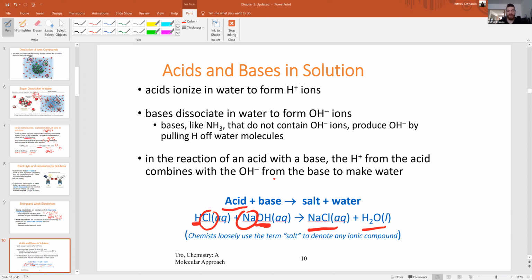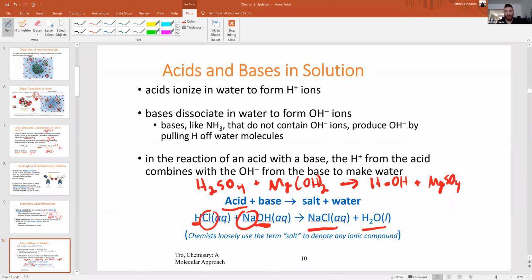Let's do another reaction. So you have H2SO4 plus MgOH2. And if this acid-base reaction goes through, you have HOH, which is water, plus MgSO4. And this is not balanced. We can balance it.